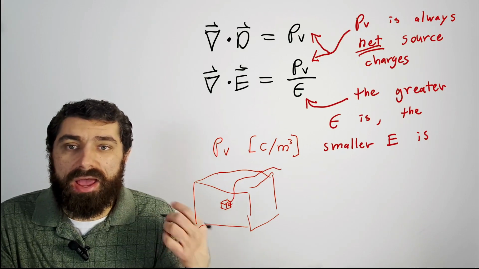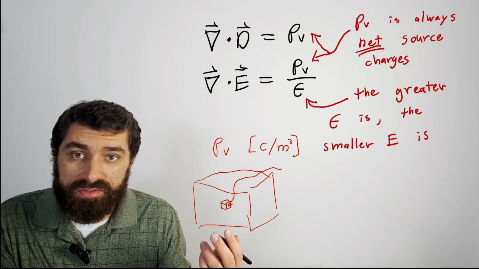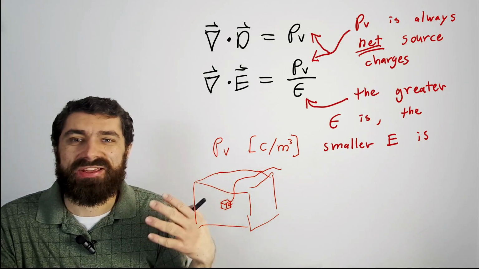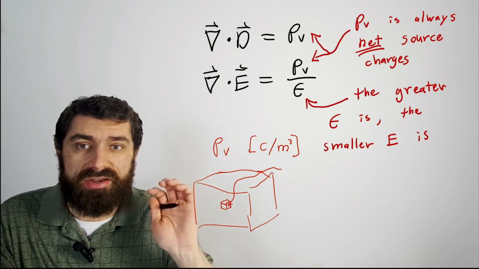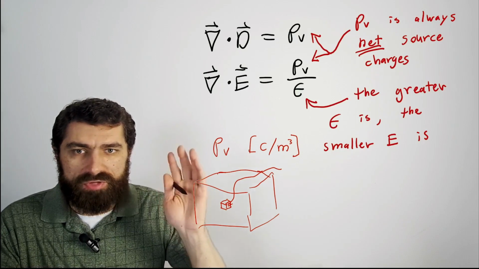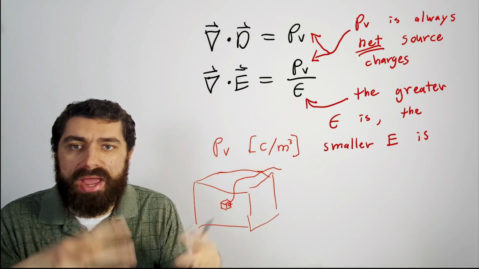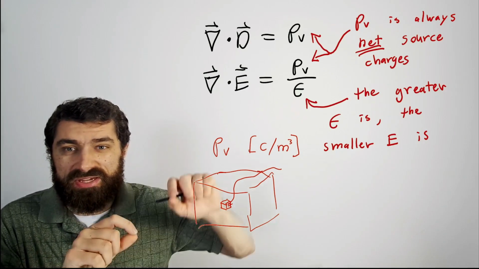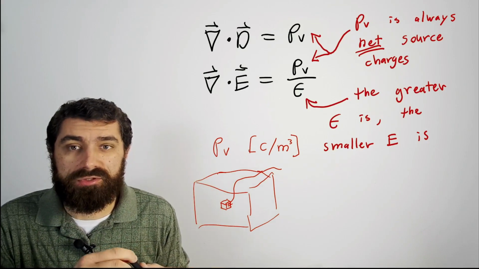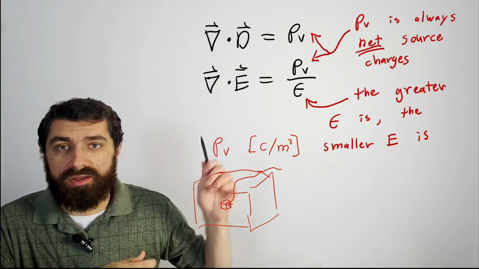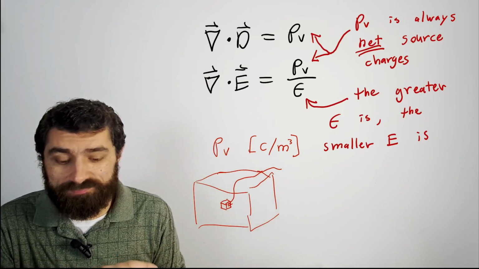You would ask how many more or how many fewer electrons than protons there are. So we're looking at net charge density. The cool thing about how we've defined epsilon is that epsilon automatically takes into account the polarization of the material. So we don't have to think about that. We just have to think about the net or excess charges present.